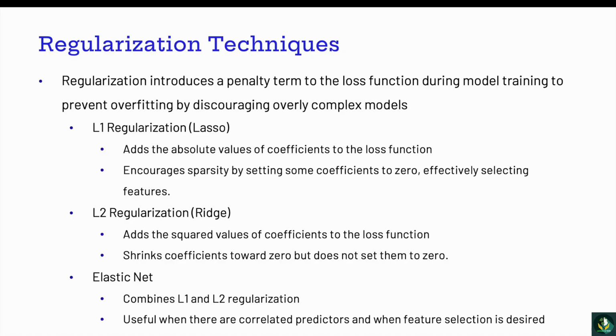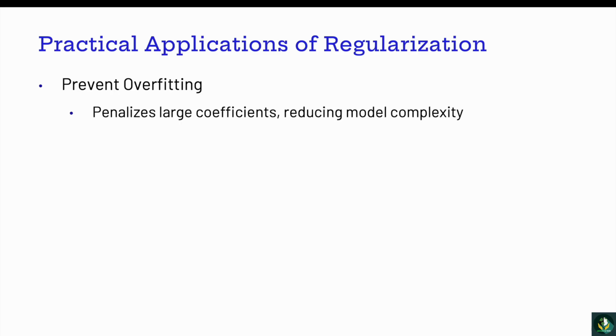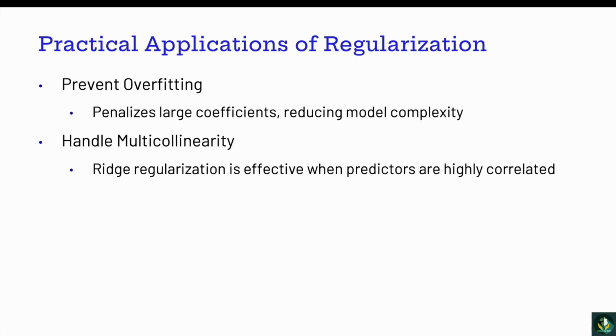Next, let's talk about the practical applications of regularization. First one is, of course, to prevent overfitting. It penalizes large coefficients, reducing model complexity. Another application is to handle multicollinearity, where ridge regularization is effective when predictors are highly correlated.